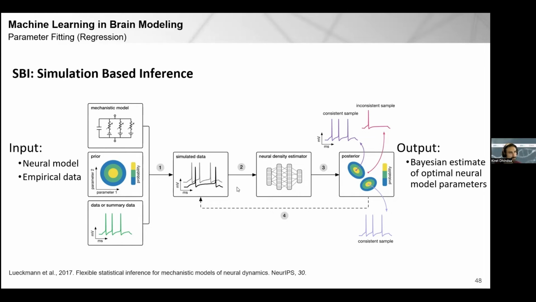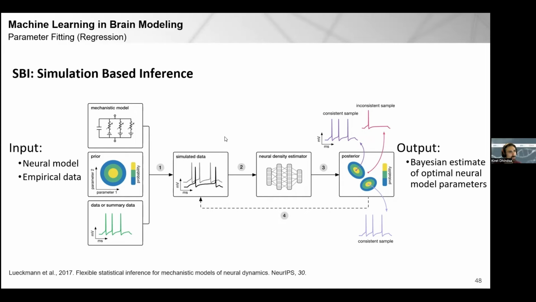It runs the simulations by sampling the hyperparameter space and then uses this neural density estimator, which is basically a neural network that tries to estimate from its own sampling history the posterior distribution, so the optimal regions of the parameter space, and eventually converges on a solution where it thinks, okay, your best parameter space is somewhere here. And of course, this is at the very least more efficient than doing a grid search over the entire parameter space.